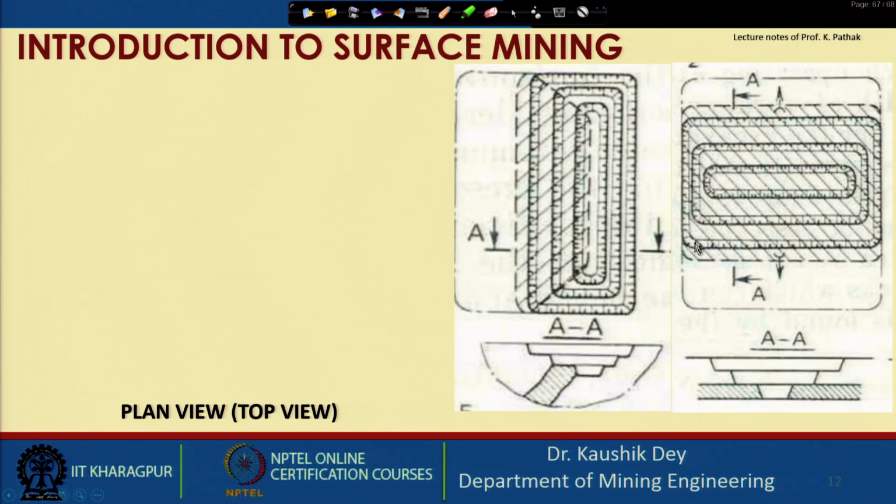Say this is also another one. This is the section. If you are taking the section along this line, then you will see what the pit layout looks like. This is clearly indicating at this point.